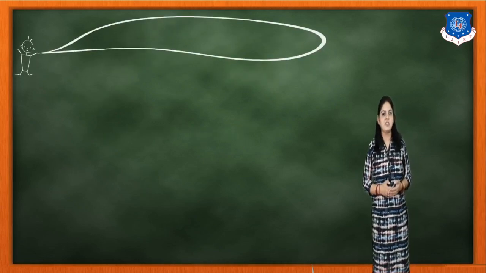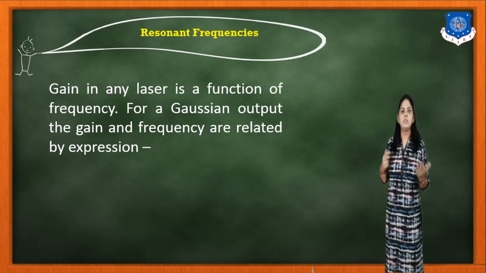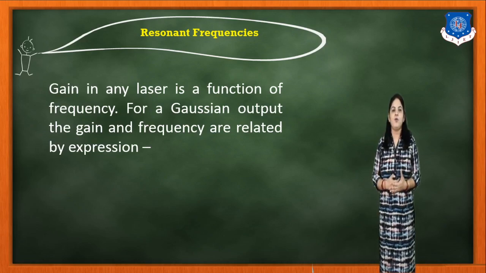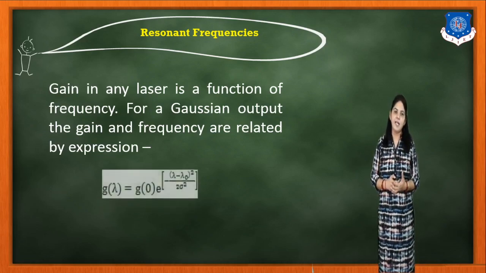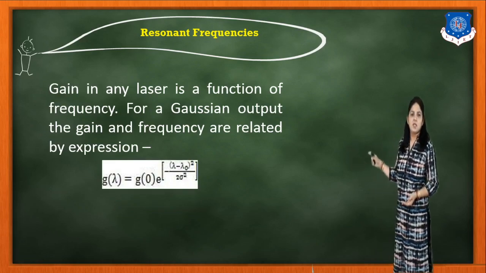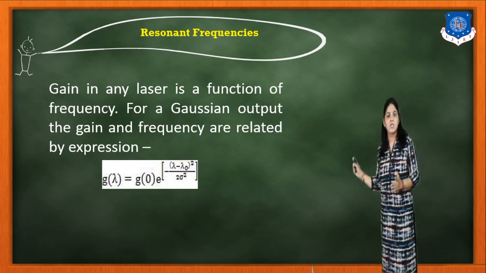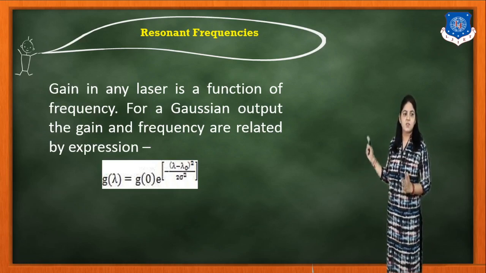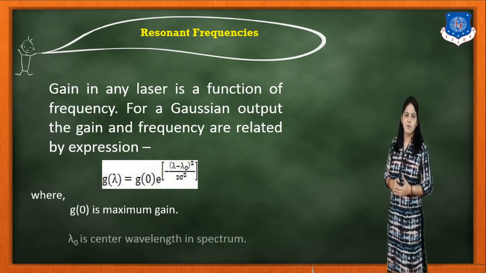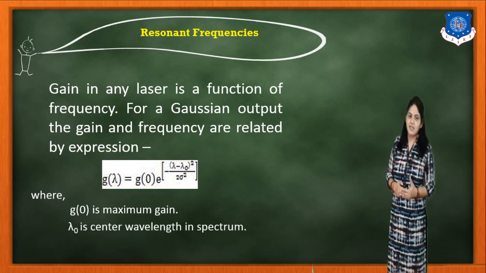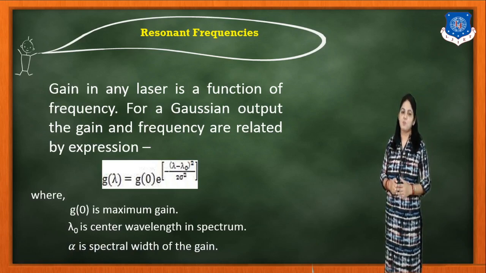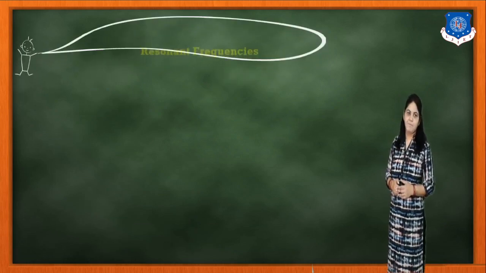Now put the value of lambda in the equation, and m is equal to 2 L n V upon C. The gain in the laser is a function of the frequency, and for a Gaussian output, the gain and the frequency are related by the expression G(lambda) = G0 e raised to minus ((lambda minus lambda 0) upon sigma) squared. Here G0 is the maximum gain, lambda 0 is the center wavelength in the spectrum, and sigma is the spectral width of the gain.